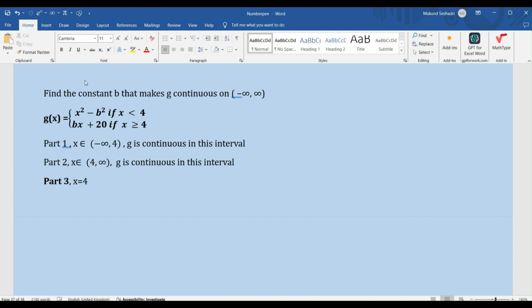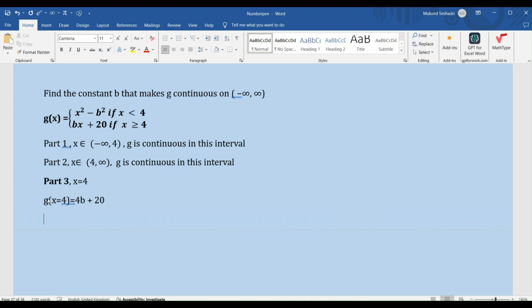And for values which are greater than or equal to 4, we have bx plus 20. So let's take out what is our g of x at x equals 4. And I think this is straightforward. We can directly substitute it in the corresponding function bx plus 20. So what do we have? We have 4b plus 20, right?